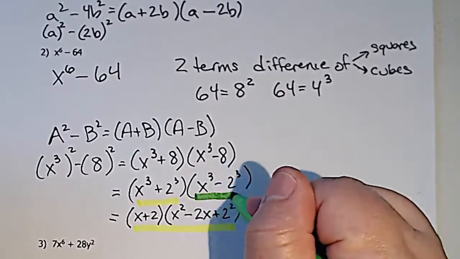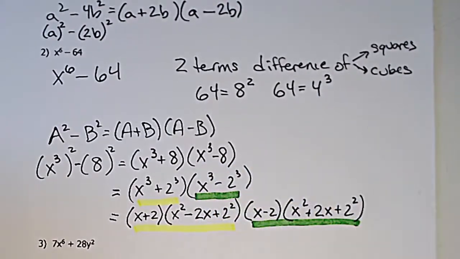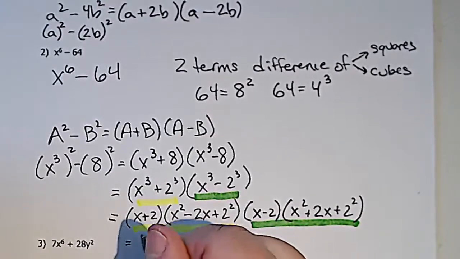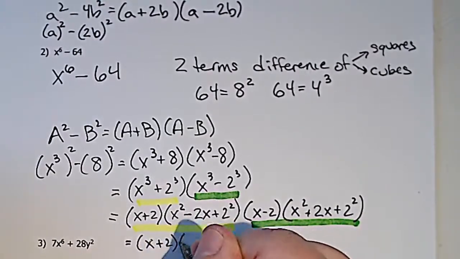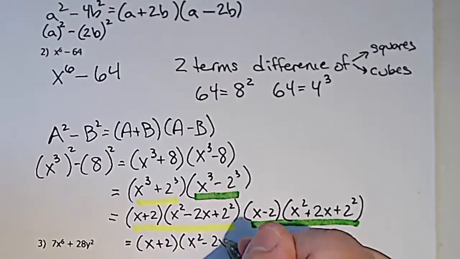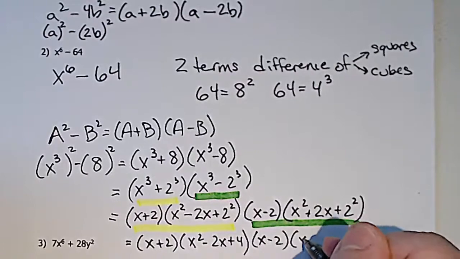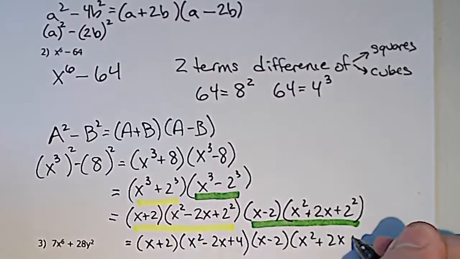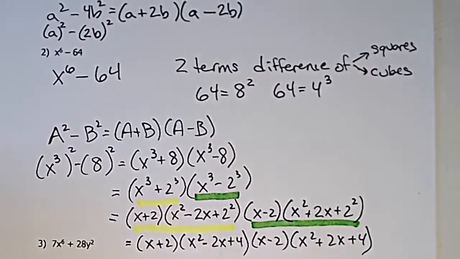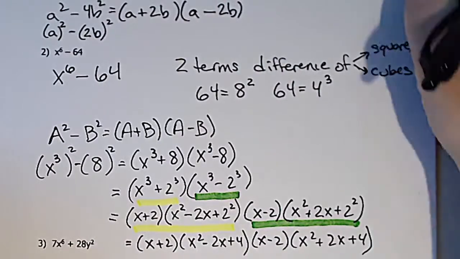That's this guy. And then, although I've kind of run out of space, I should clean this up. X plus 2, x squared minus 2x plus 4, x minus 2, x squared plus 2x plus 4. There we go. Oh, man.